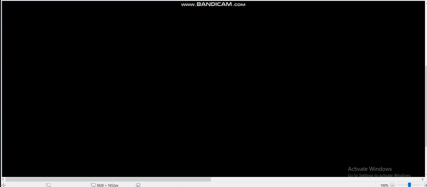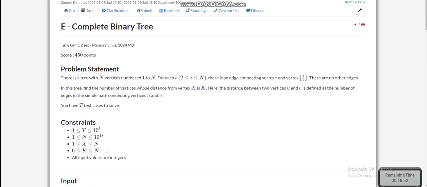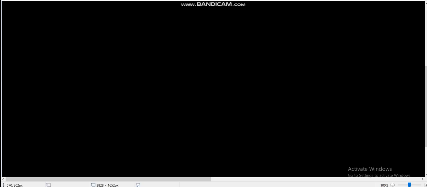Before jumping to the solution, let us check the constraints and what the possible time complexity could be. Here t is 10 to the power 5 and n is 10 to the power 18. So you can see that we can't do O(n). So O(n) could not be a factor of the solution, and something multiplied by O(n) will also not work.